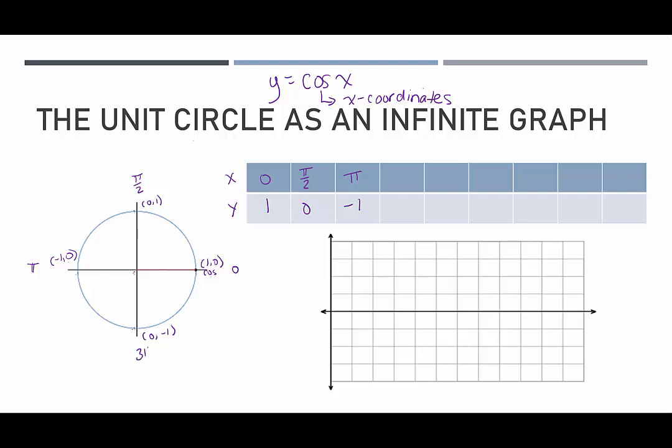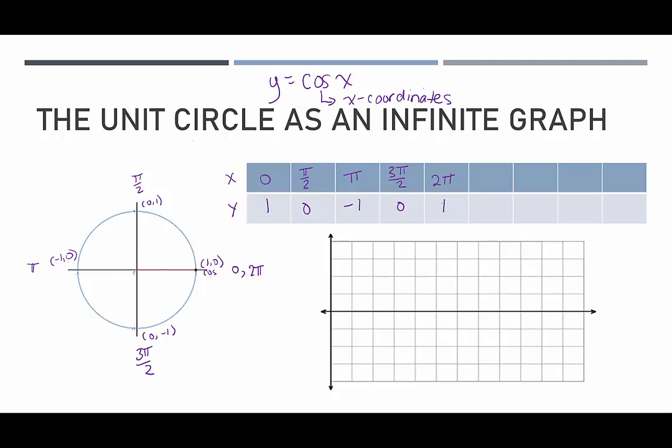Down here to 3 pi over 2. If we plug in 3 pi over 2, that's cosine of 3 pi over 2, we would get the x coordinate 0. Back up to 0, which now is 2 pi. Cosine of 2 pi will be the same as cosine of 0 because they are coterminal, and that would end up being 1. So we've just completed 1 period or 1 cycle of our cosine graph.